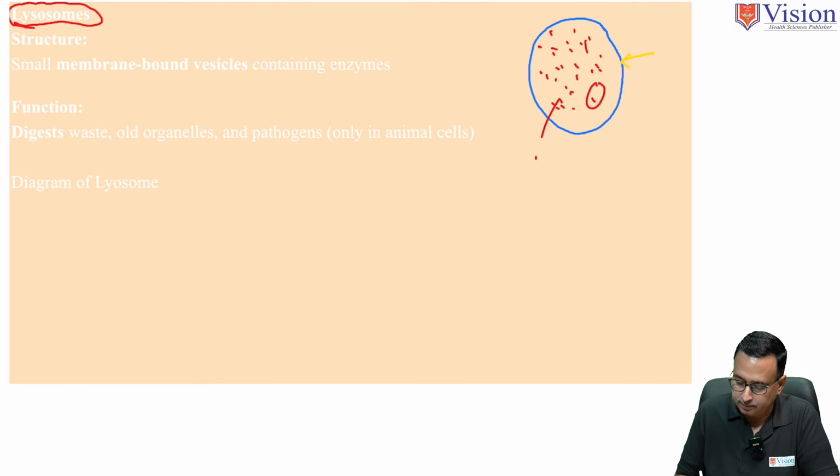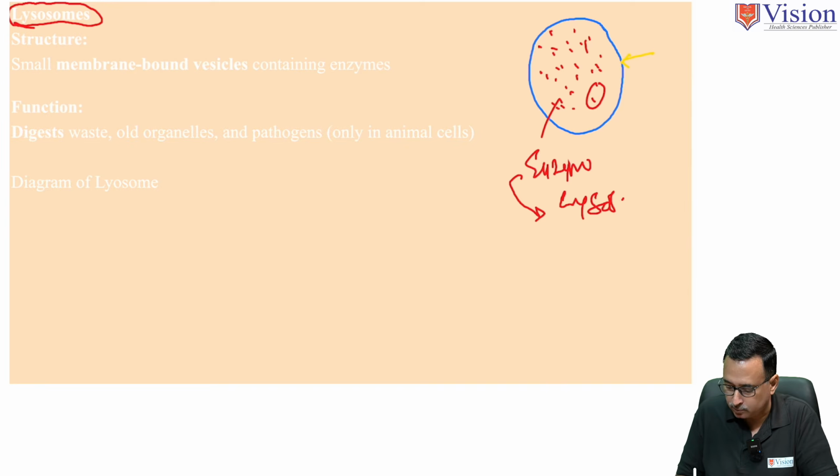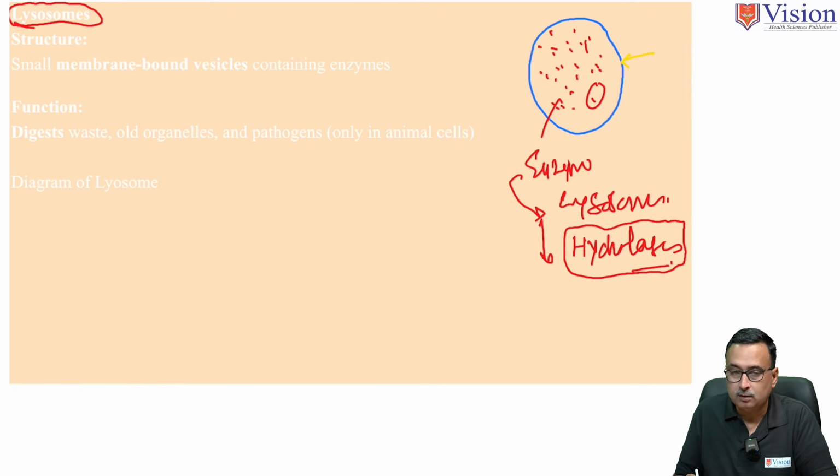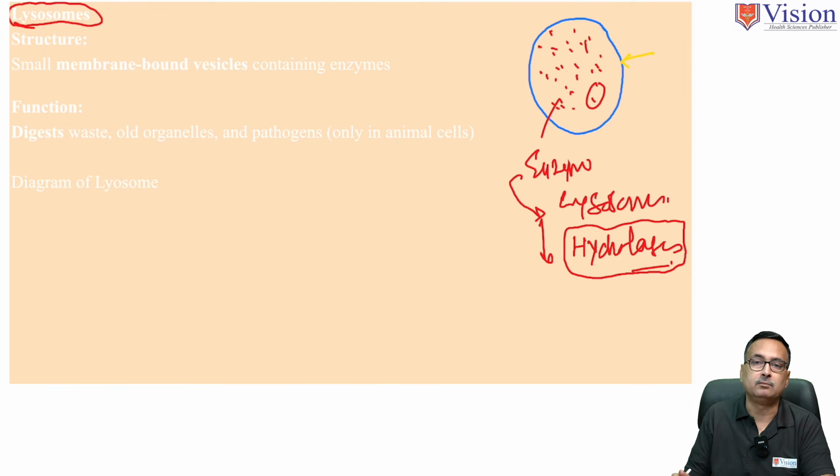So since these enzymes are in lysosomes, they are called lysosomal enzymes. All the enzymes in lysosomes belong to the category of hydrolases. And hydrolase is a class 3 enzyme.